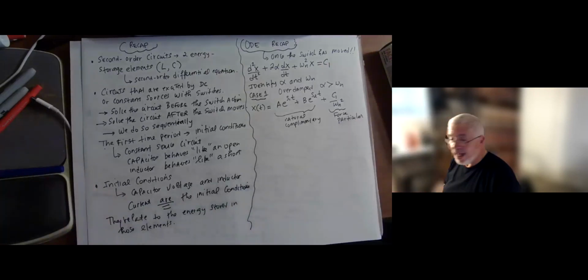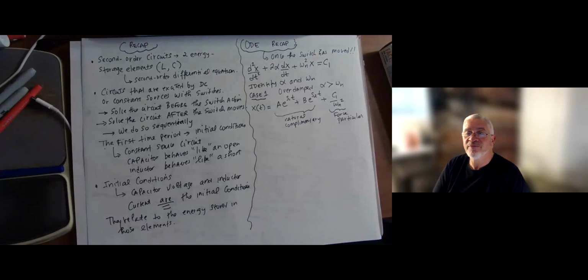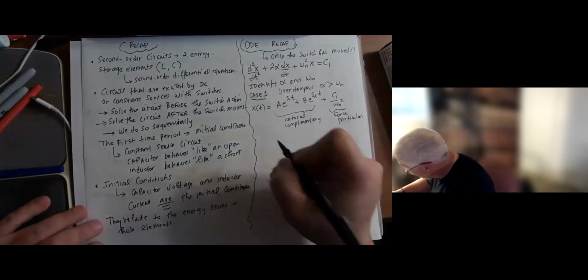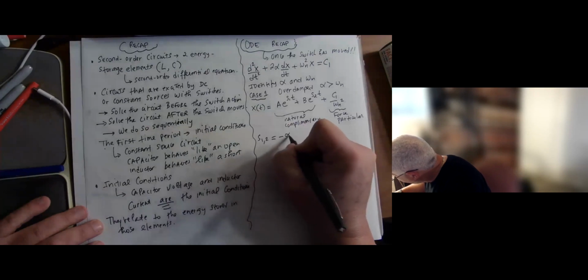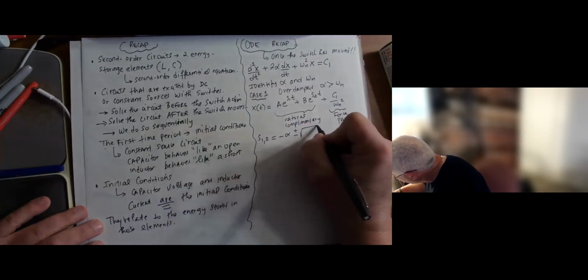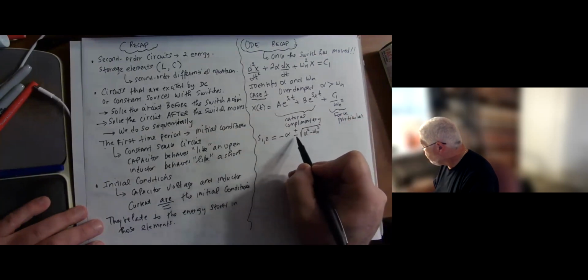We in electrical engineering have different terms for these things, but they are the same concept. And s1 and s2 are minus alpha plus or minus the square root of alpha squared minus omega n squared. One of them is the plus, the other one is the minus.